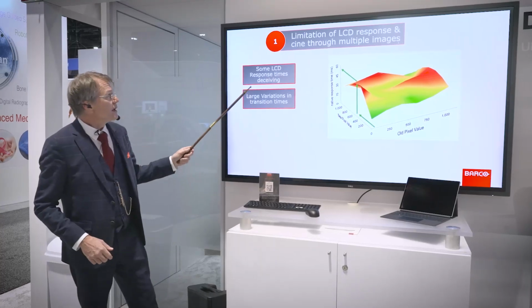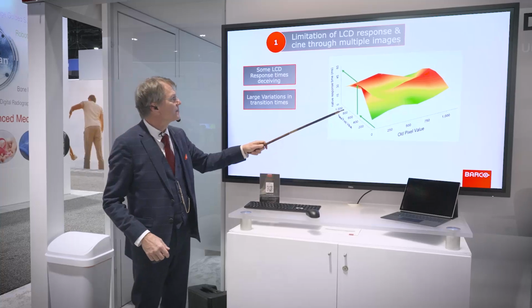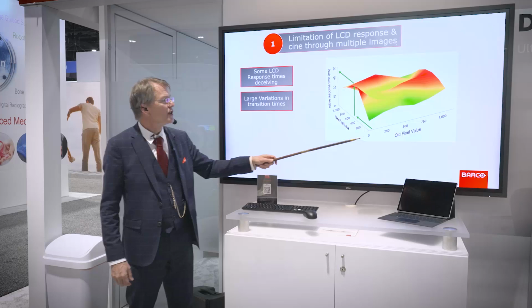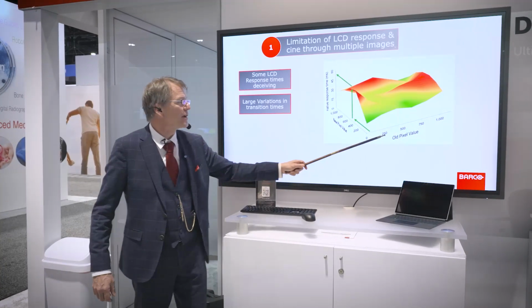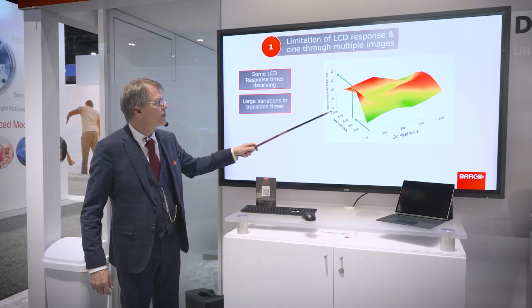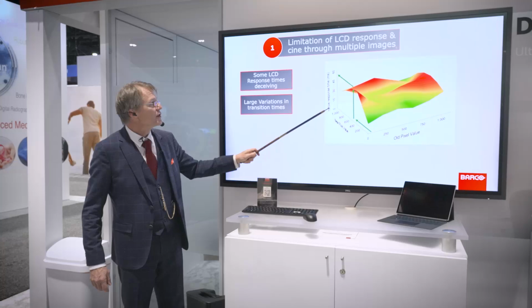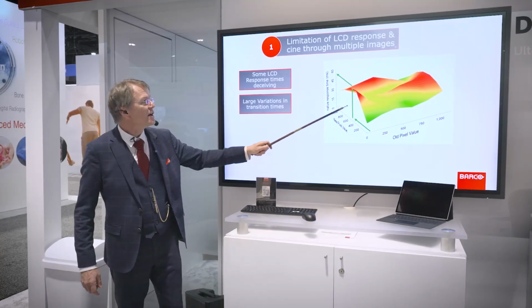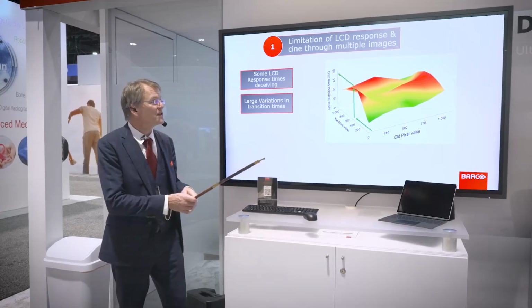If we map out all those different grays, there really are very large variations in the transition times. If I have the pixel value from the previous frame and the pixel value from the new frame, you can see that in some cases the response time is very quick, marked here in green, but other times the response time may be very long, multiple frames even.